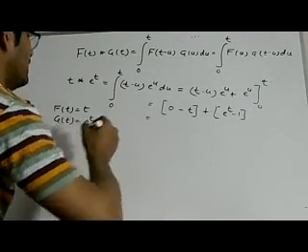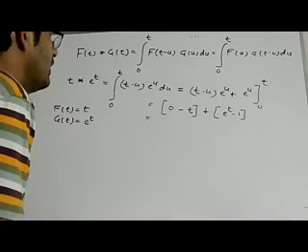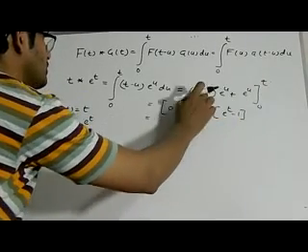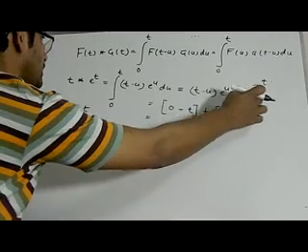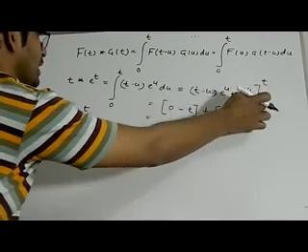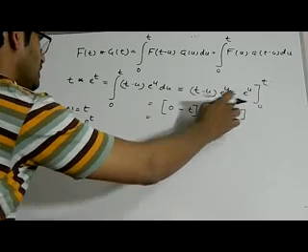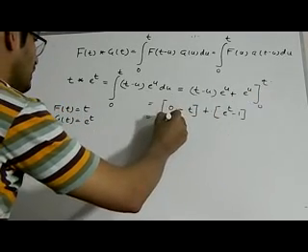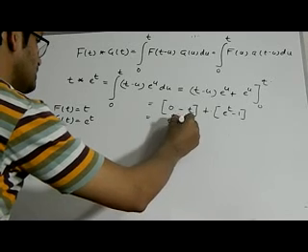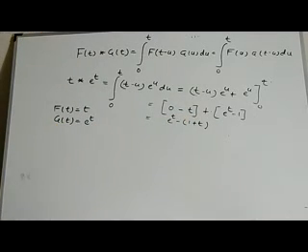So we have e to the power t minus 1 plus t. So this will be the convolution.